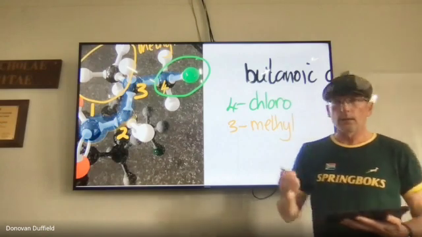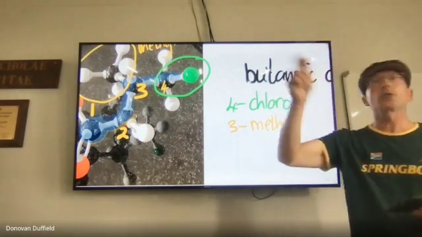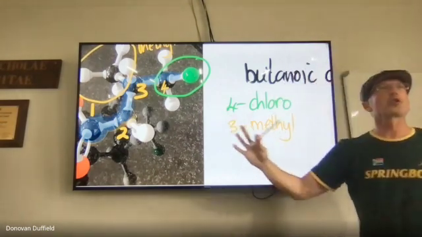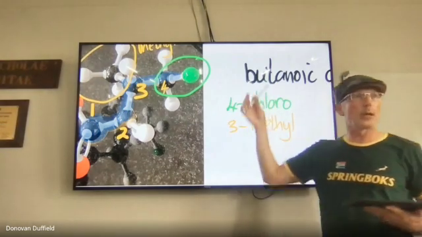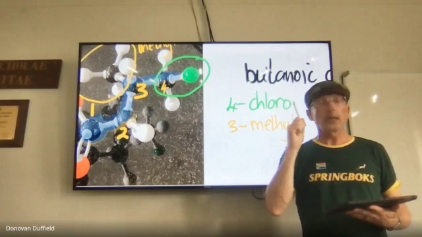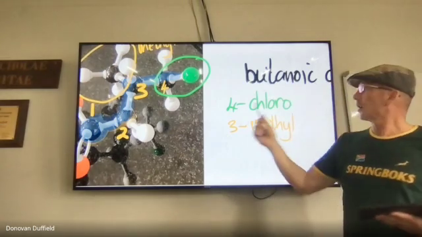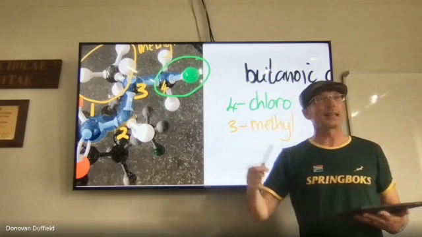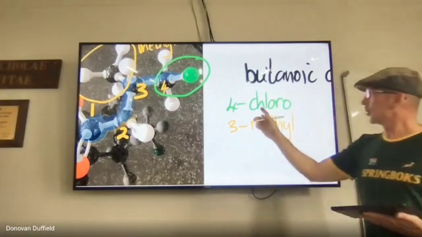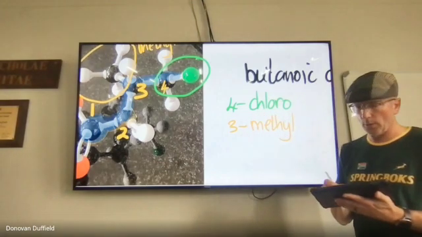Now, as Taylor was asking, how do we construct the name? We've got the individual names. Now we need to construct it. The substituents are placed alphabetically. So we're first going to start with the chlorine.